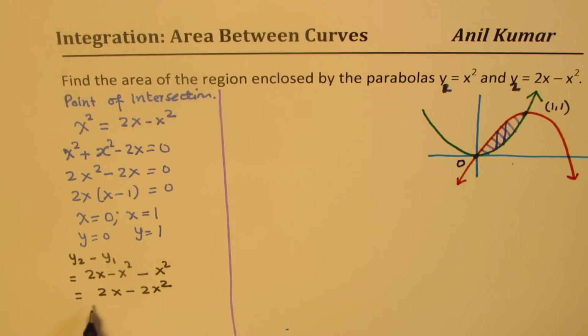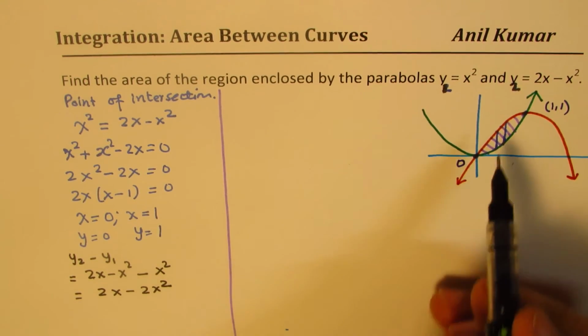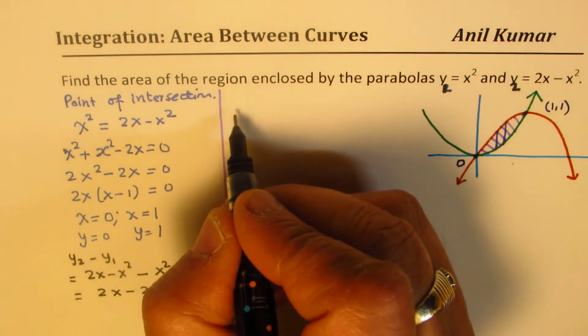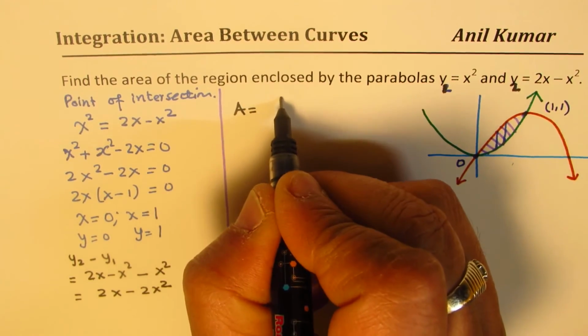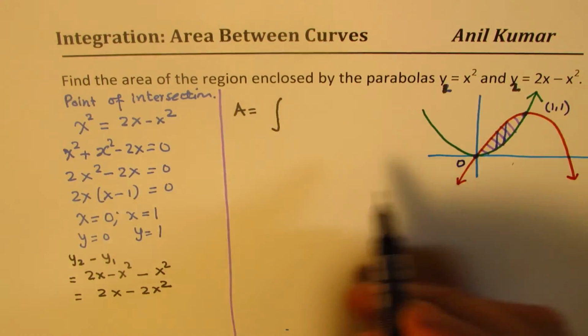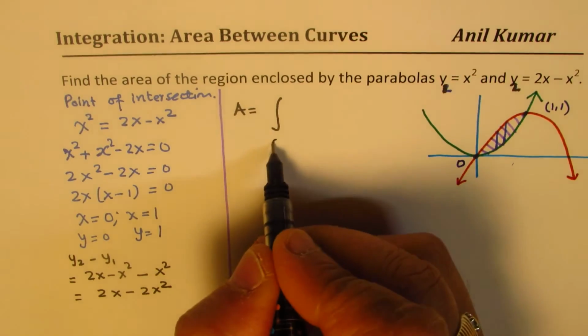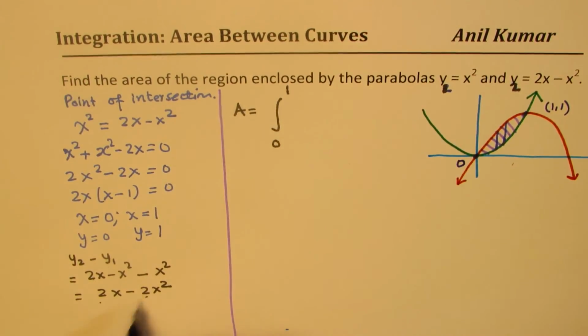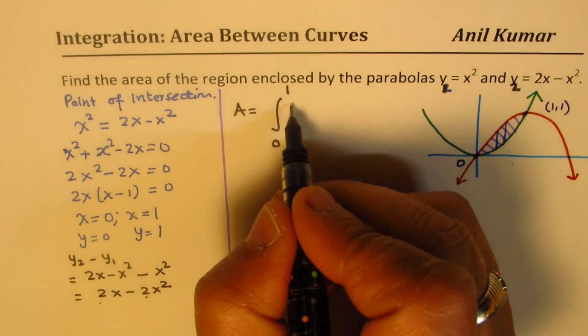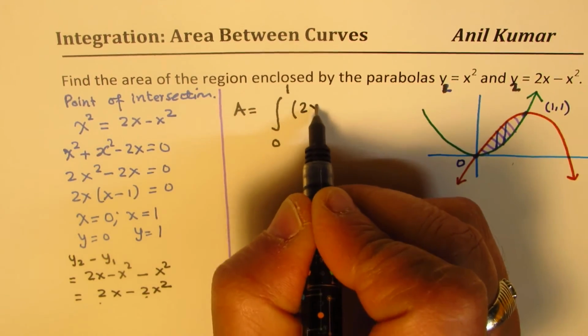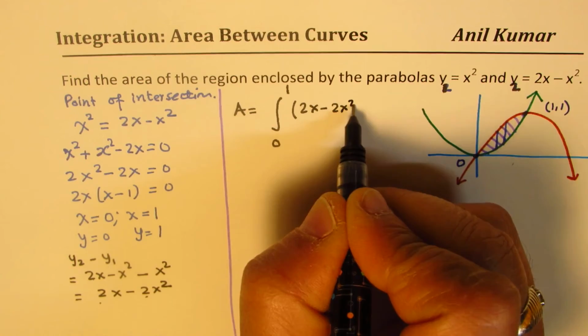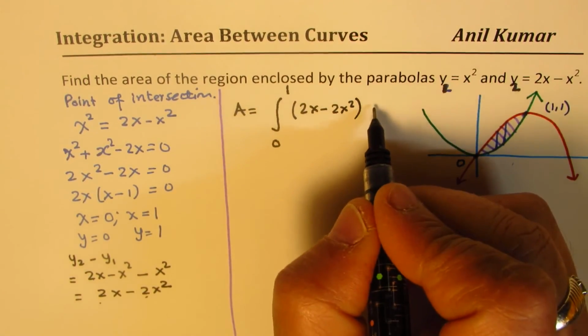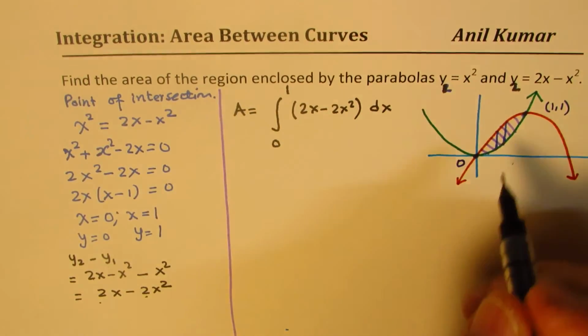Now we'll use this particular expression to find the area, and therefore the area is equal to the integral, where x varies from 0 to 1, of the curve in between, which is 2x minus 2x square, dx. Right?